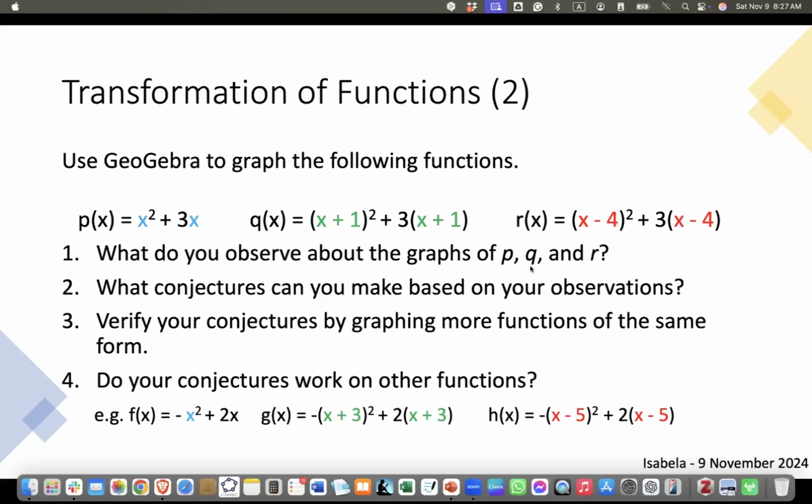Okay. What about yung x minus 4? Well, who wants to answer for r of x equals x minus 4 squared plus 3 times quantity x minus 4? What happened? Anyone?